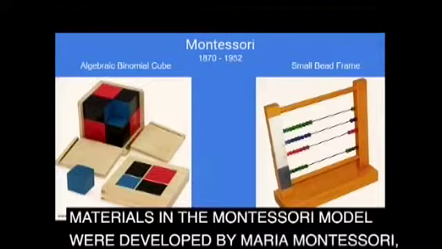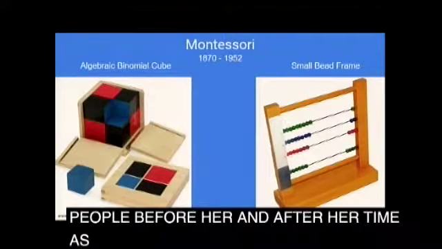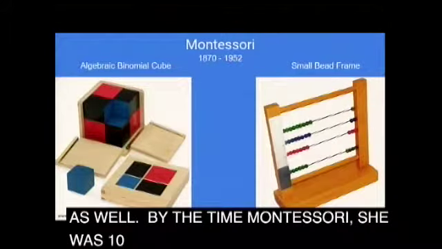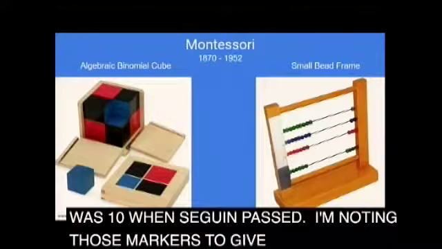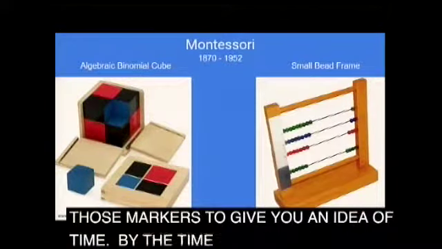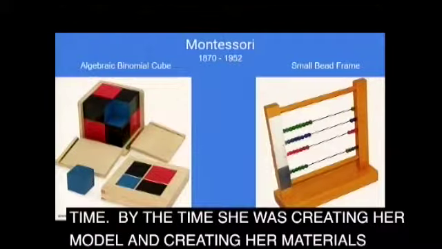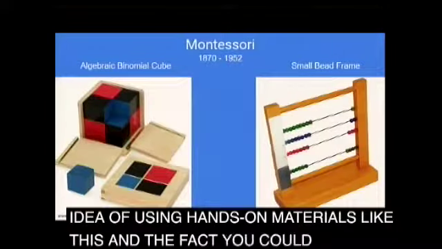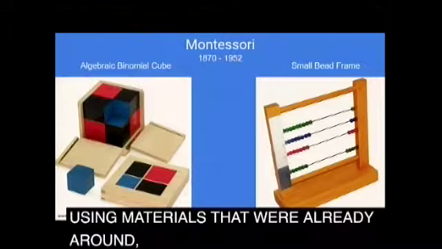And so by the time of Montessori, she was 10 when Seguin passed, and I'm noting those markers just to give you a context of time. She was about 10 when Seguin passed, so by the time she was creating her model and creating her materials, the idea of using hands-on materials like this, and the fact that you could actually design things, as opposed to just using materials that were already around, that you could actually design things to use for instructional purposes, had been around for about 100 years.